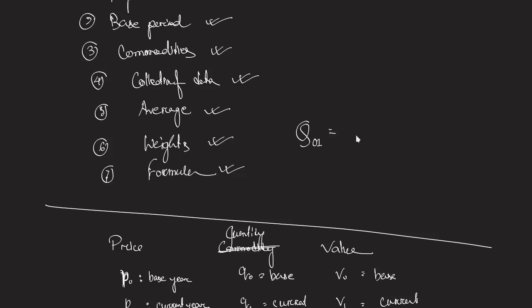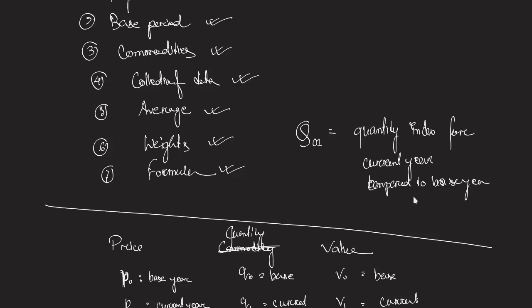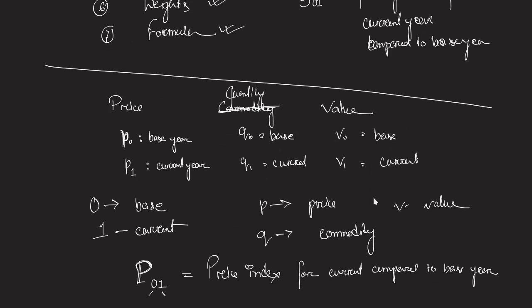Q01 অৰ্থটো হ'ল quantity index for current year compared to base year, right? So these are some notations that we will use.